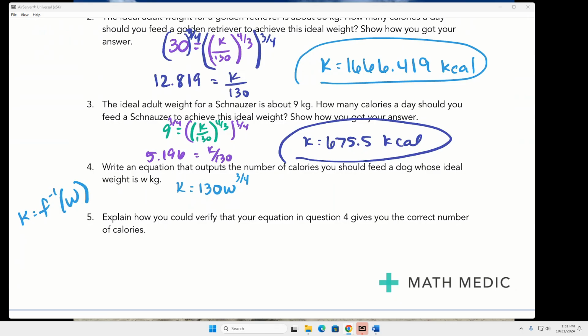And so I don't know if you guys got to 5, but if you wanted to make sure that this really is right, what could you do? All right, you could just plug in stuff we already did. So for 9 kilograms, you should get 675.5.